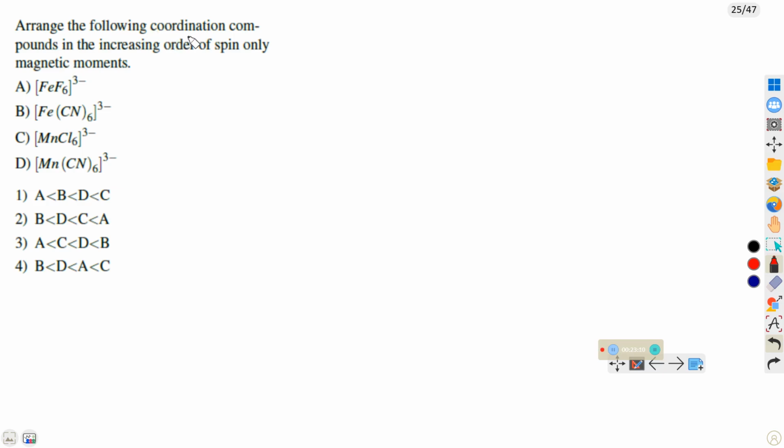Arrange the following coordination compounds in increasing order of spin-only magnetic moment. Calculate the iron oxidation state: Fe3+. Here, fluoride is a weak ligand field. That's the reason the electronic configuration is t2g3 eg2, which contains 5 unpaired electrons.